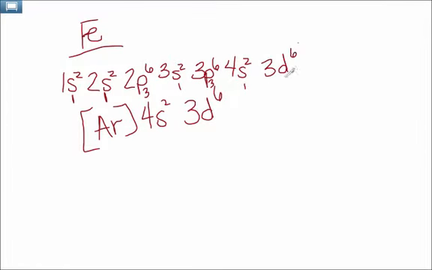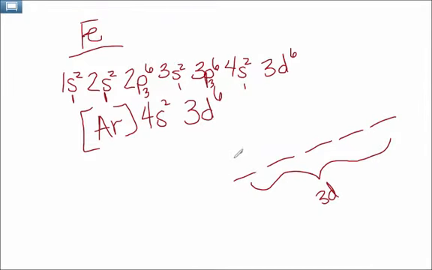Now, the 3d is not full, right? So I like to just check it. There's 5 possible orbitals, correct? And we have 6 electrons. We have 1, 2, 3, 4, 5, 6. So how many of these orbitals have at least 1 electron? All 5 of them do.